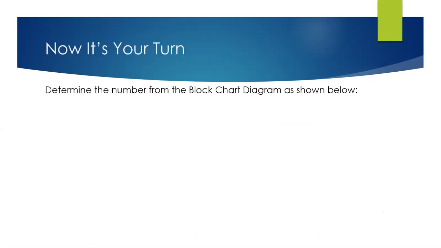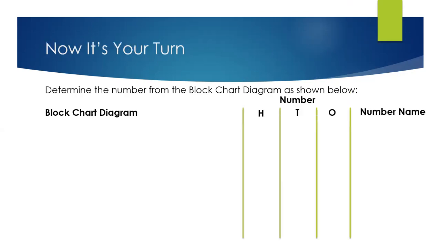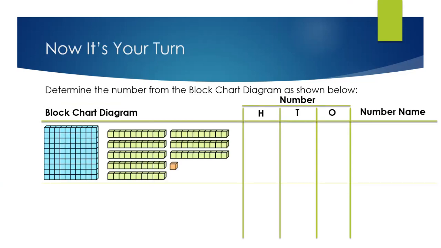Now it is your turn. I'm providing you with some block chart diagrams, and then you are going to determine these numbers by analyzing those block chart diagrams. So here we go. Here we are having another block chart diagram representing a three-digit number. So firstly, see how many hundreds it is having. It is having only 100. So the number of hundreds in this number is 1. How many tens does this number have?